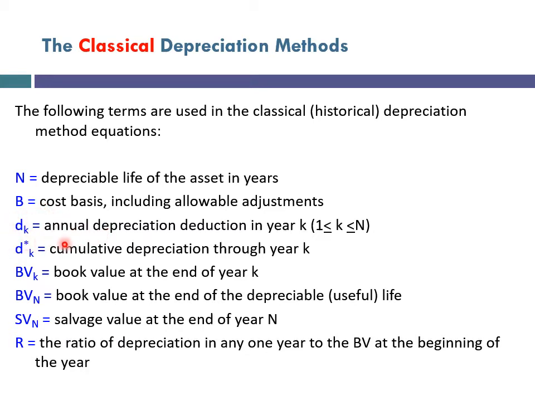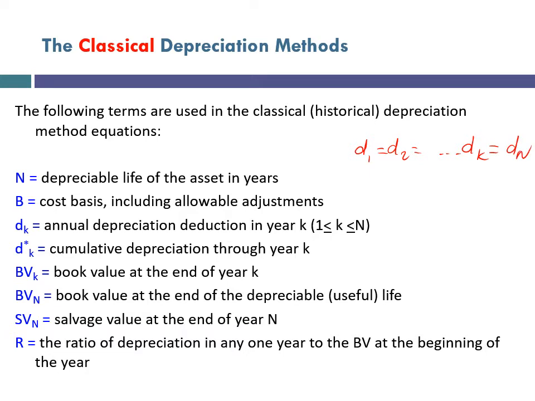DK is the depreciation amount in year K. Okay, this is the annual depreciation amount. So D1 is the depreciation in the first year, D2 is the depreciation in the second year, and so on. In these classical methods that we are going to learn, in the straight line method, we will have all these depreciations on each one of these years equal to each other.